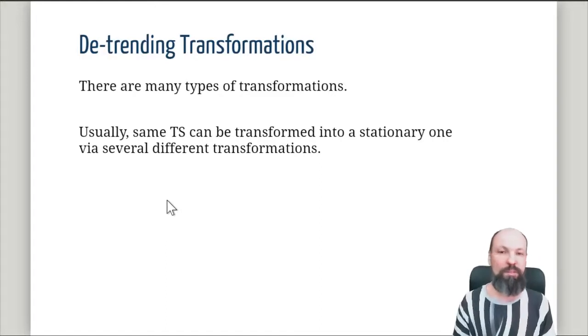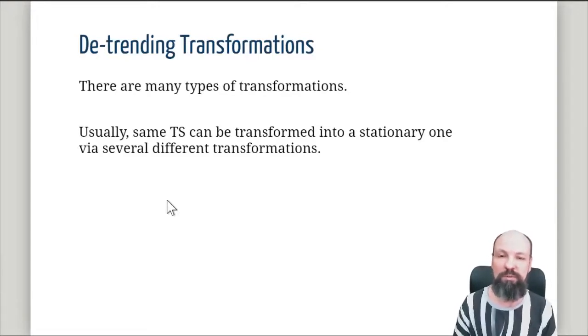Okay. The first type of the transformations that we are going to see, and well, the only one today actually, is the so-called detrending transformations. And there are many kinds of that, depending on the type of trend.